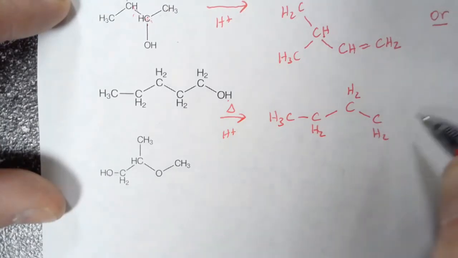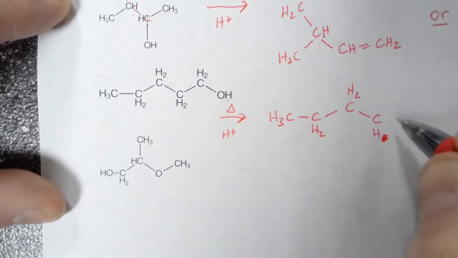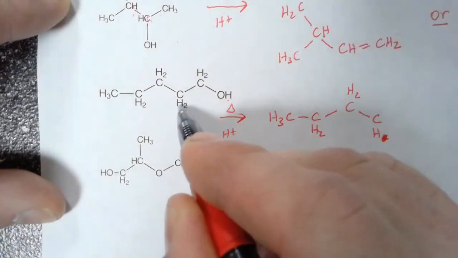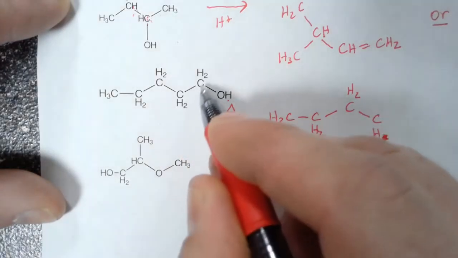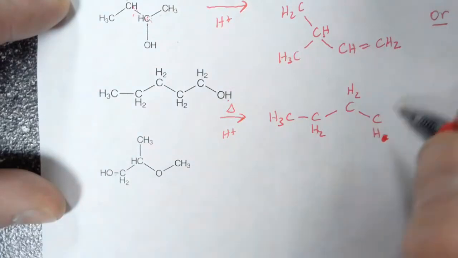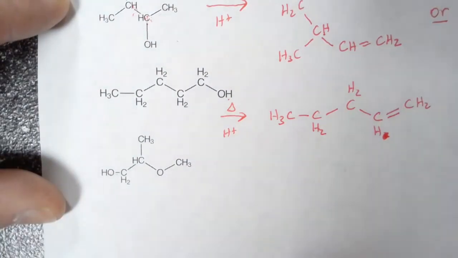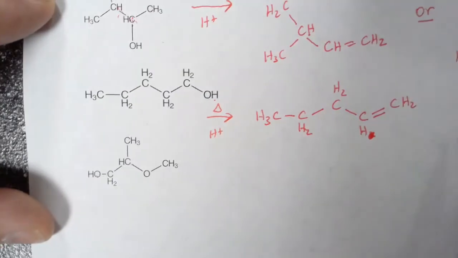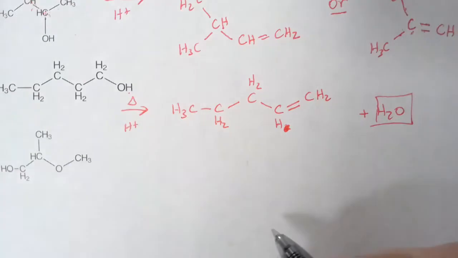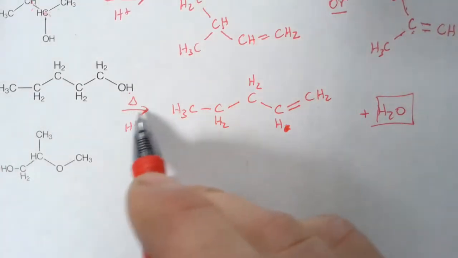Last CH2, and then whoops, actually that would be just CH. Have to get rid of that H here, and this remains CH2, like so. And I guess I forgot to mention that water is a product in a dehydration.